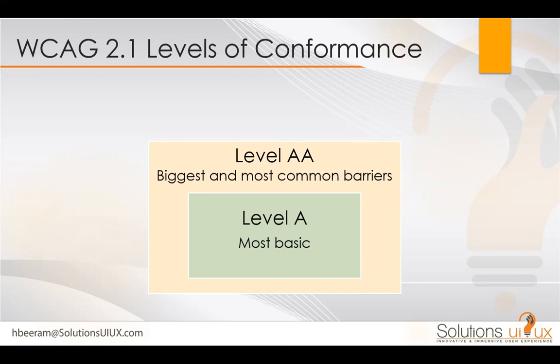We want to put that in our footer. We want to share with our users that we are AA certified, and you can do e-commerce on our site. You can do anything that will not prevent you from having a disability, will not prevent you from doing whatever you need to do on our site.